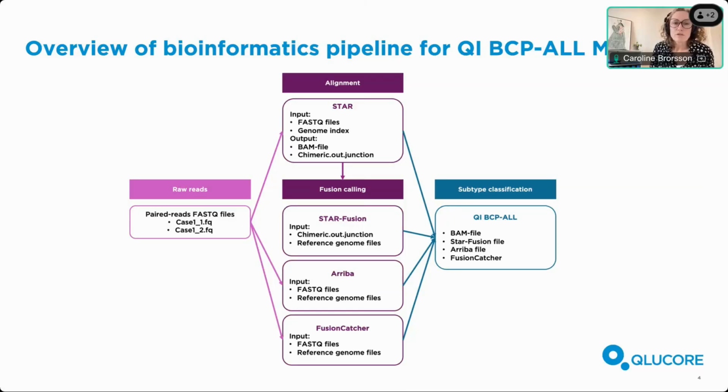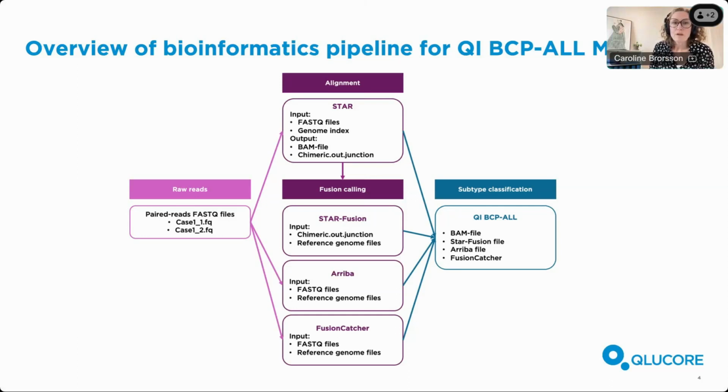We have three tools. STAR Fusion uses the chimeric out junction for calling fusions. Then we also run Ariba and FusionCatcher, and these tools run directly on the FASTQ files. Ariba also runs STAR for sequence alignment.